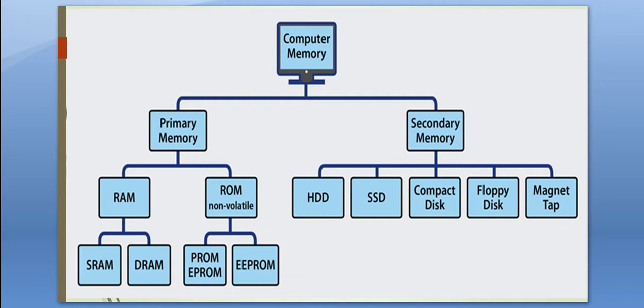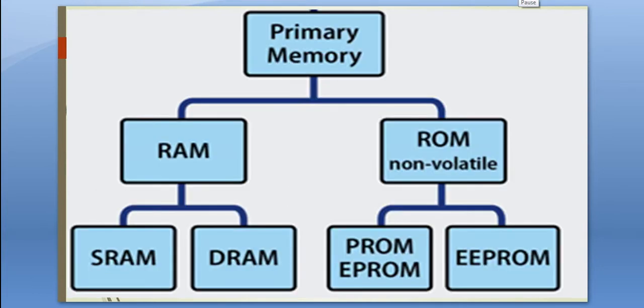magnetic tape. HDD means hard disk drive, and SSD stands for solid state drive. Compact disk means CD, floppy disk, and magnetic tape. So primary memory is divided into two parts, RAM memory and ROM memory. The full form of RAM is random access memory, and ROM's full form is read only memory.